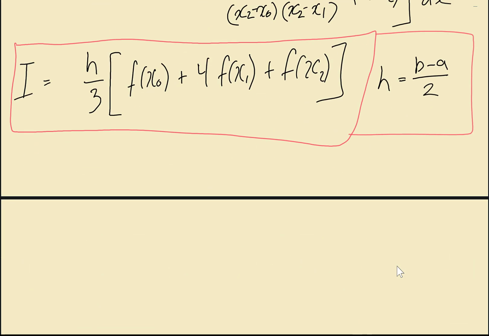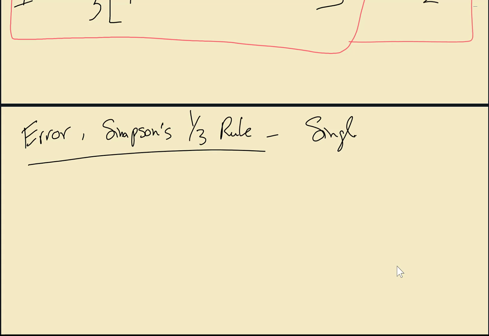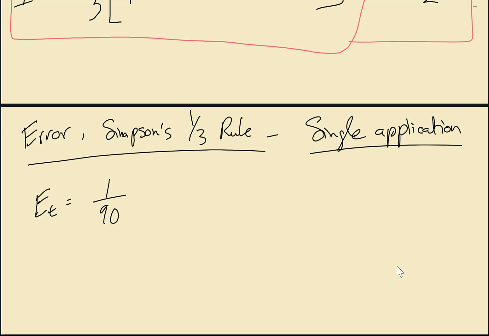The error in this case for Simpson's 1/3 rule, for a single application, because we're also going to do multiple applications, is Et equals negative 1 over 90, h to the power of 5, multiplied by the fourth derivative at xi, where xi is a value between a and b.